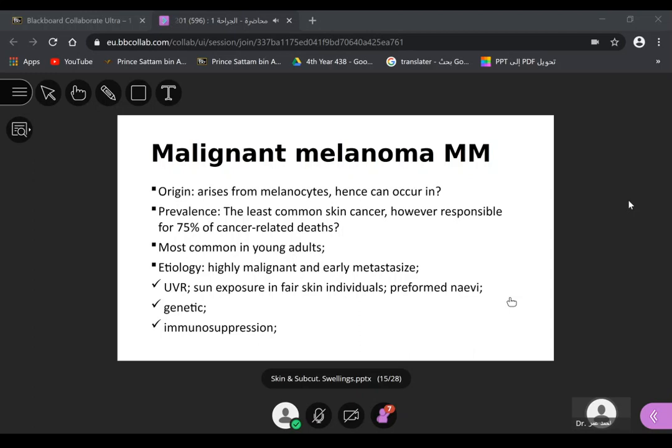There is also a relation with genetics and with immunosuppression. So as you can see, the etiology or risk factors for skin cancer are more or less the same among all types, whether basal or squamous cell carcinoma, or malignant melanoma.